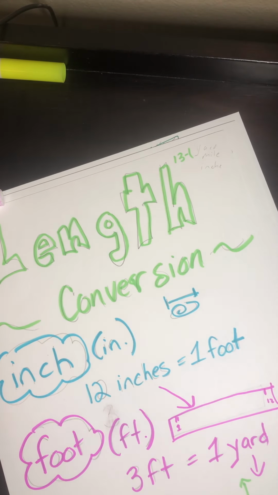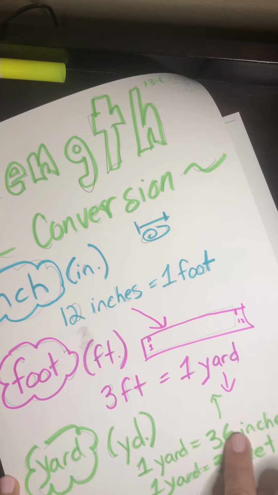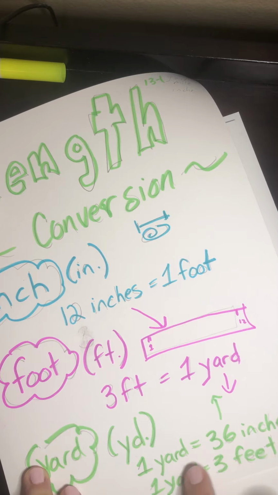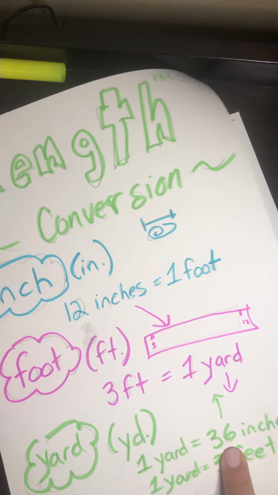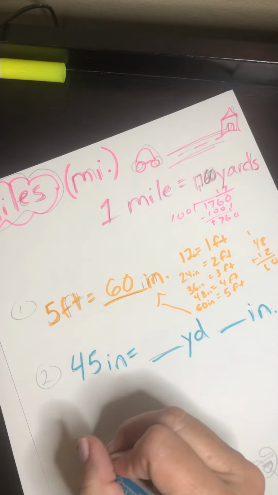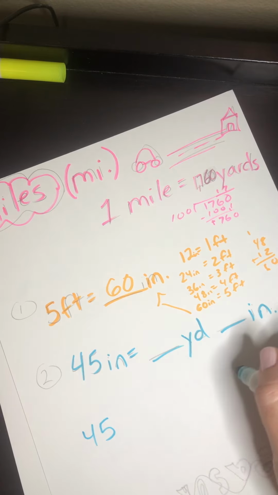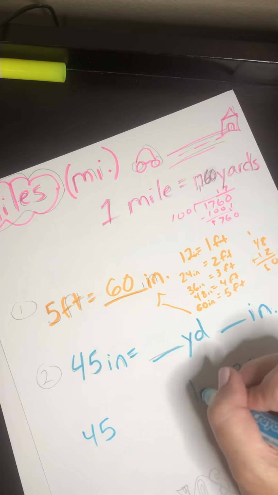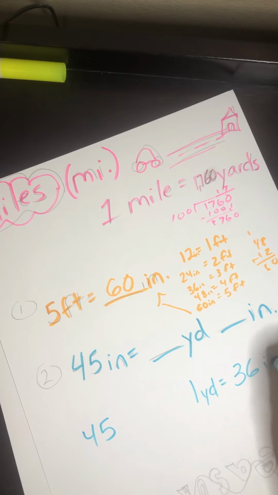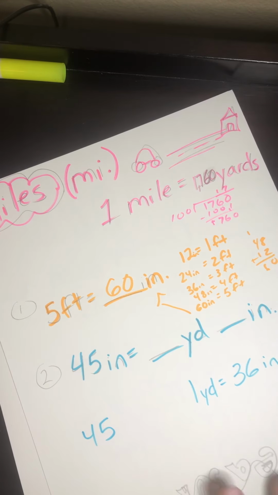In 1 yard, there are 36 inches. Remember this note taking that we did? So first we're going to get rid of the 36 in the number 45. 1 yard equals 36 inches.